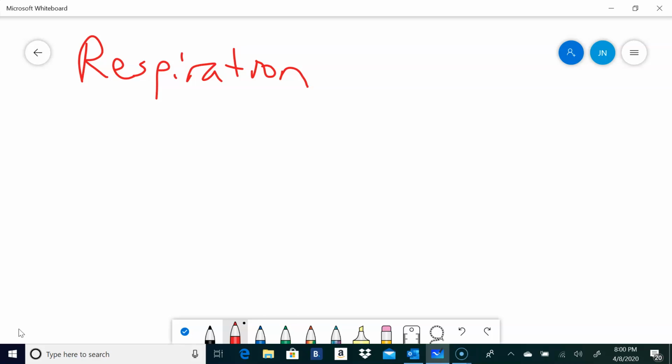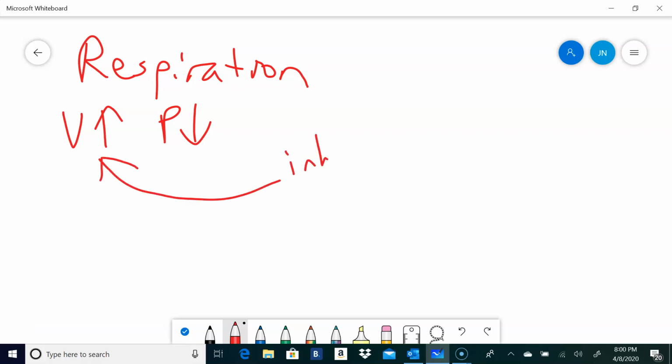Remember the things that we talked about with the mechanics of breathing. In terms of the mechanics of breathing, changes in volume create changes in pressure. As volume increases, pressure decreases. That is inhaling. You already know this. When you inhale, your chest gets bigger.